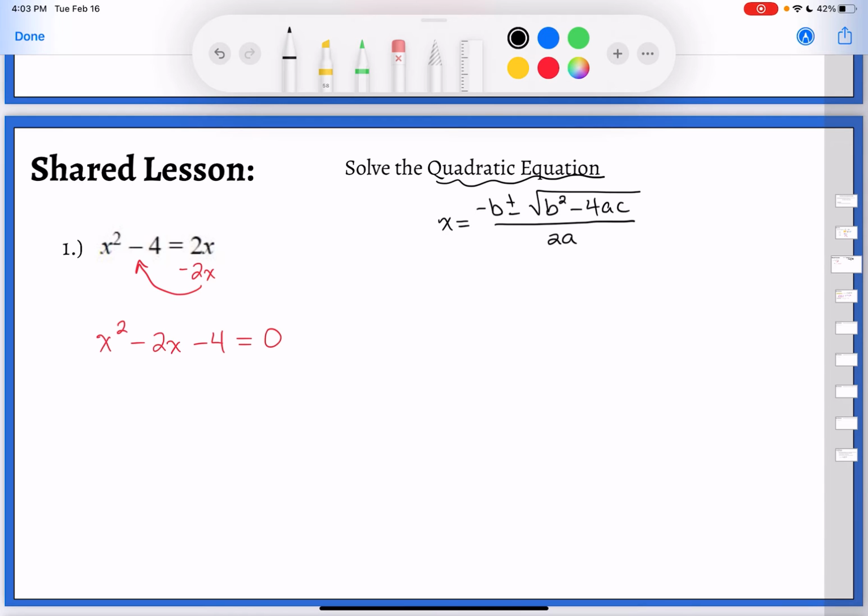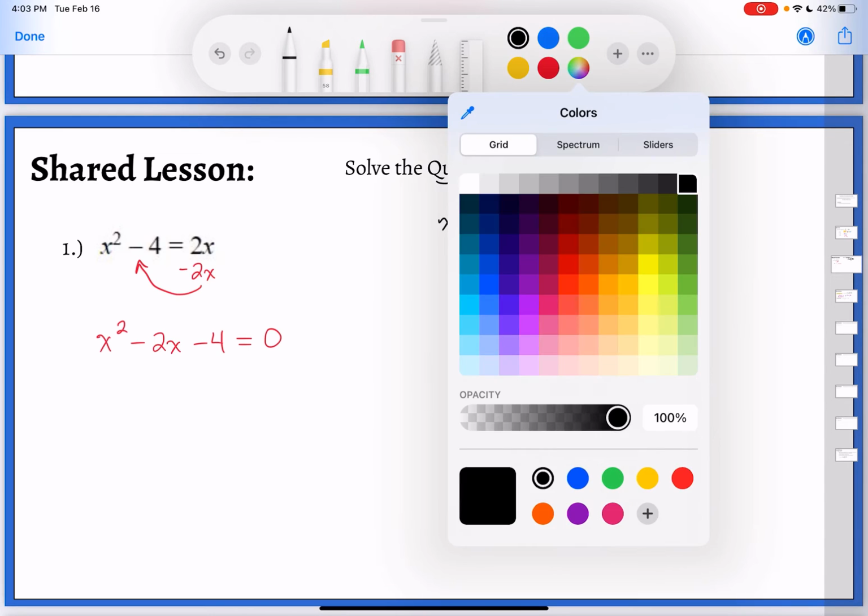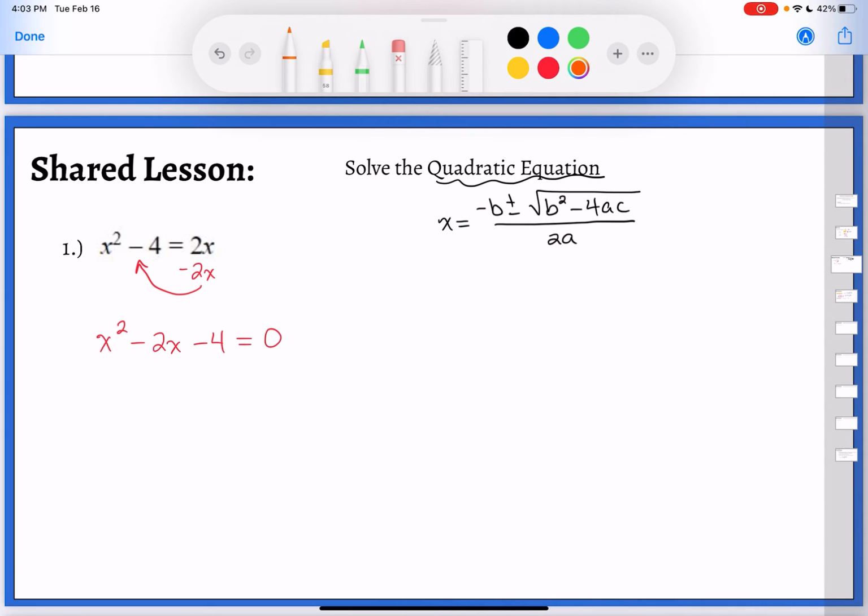I sure do. So I always make sure that I start by writing down what is A, what is B, and what is C, just so I get all my negatives correct before I plug them into the quadratic formula, so that I make sure that I'm plugging the right numbers in. It's also very easy to go back and check my work and make sure I plug the numbers into the right spots. So remember that a is the coefficient of x squared.